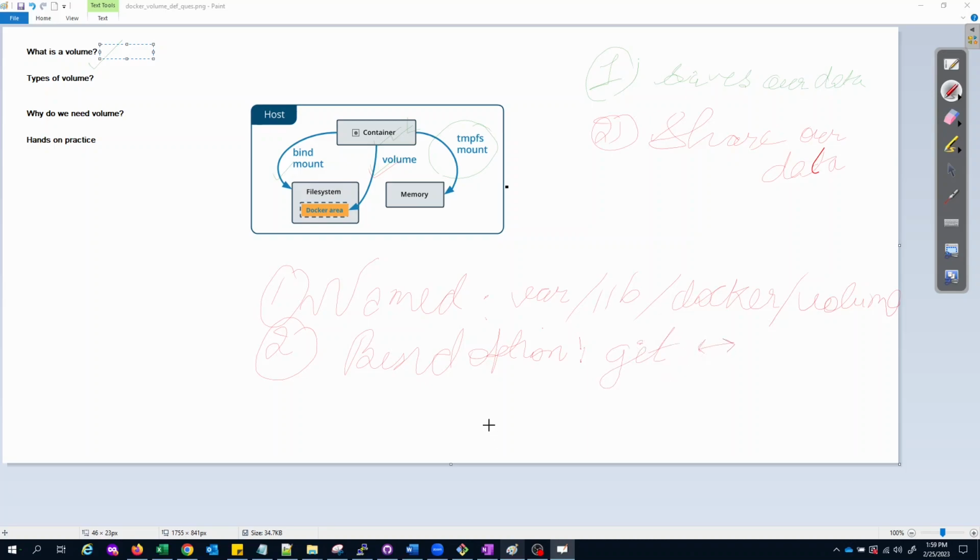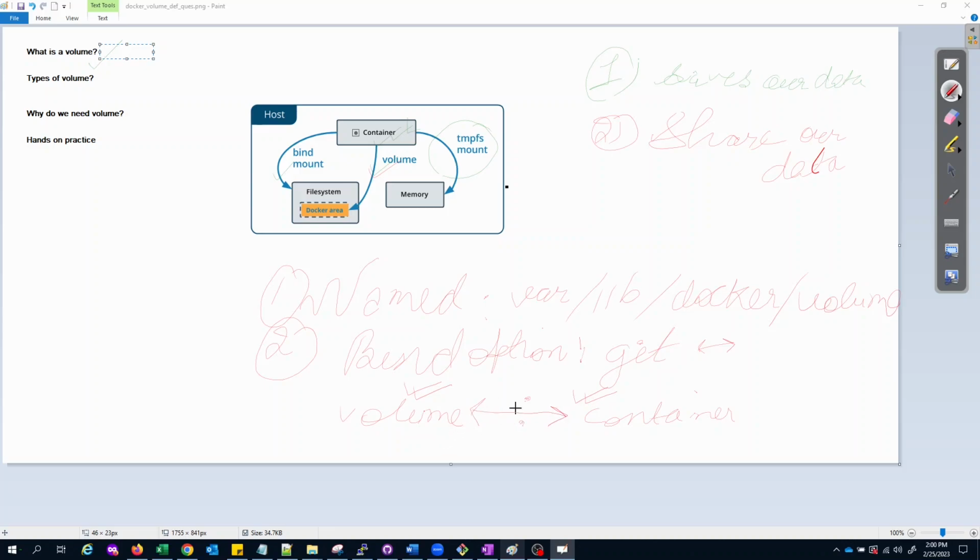And always remember, whenever we are mounting the data, always remember this arrow. This is the container and this is our volume. So once we bind, meaning once we connect or make that binding between our container and our data or our Docker volume, the data can go either way.